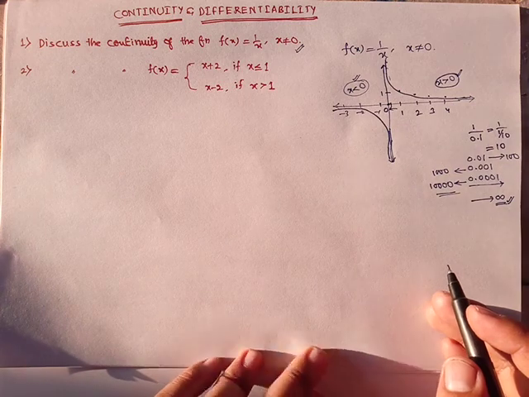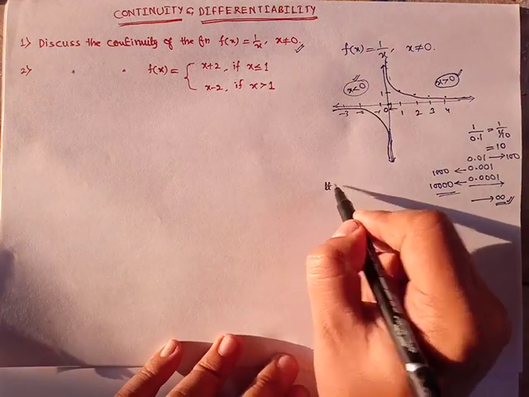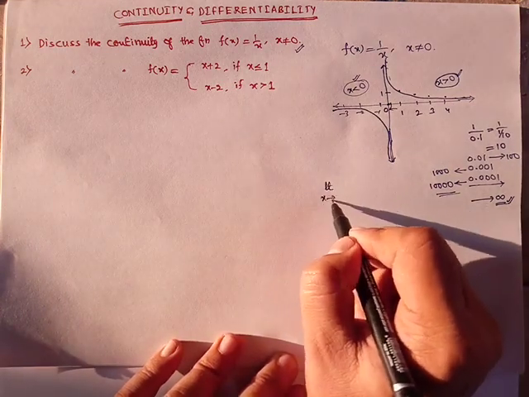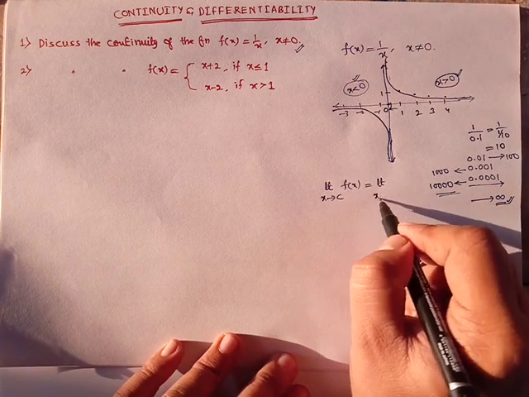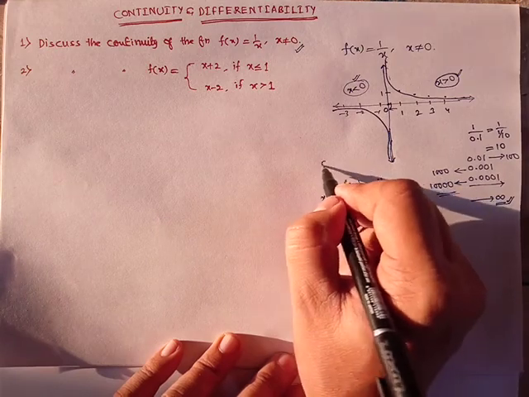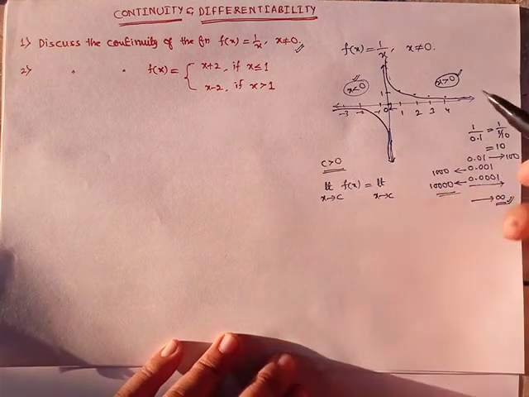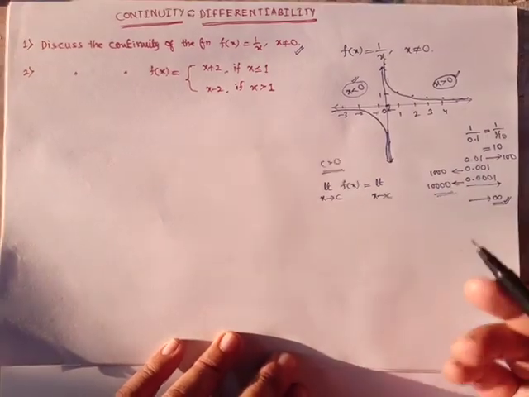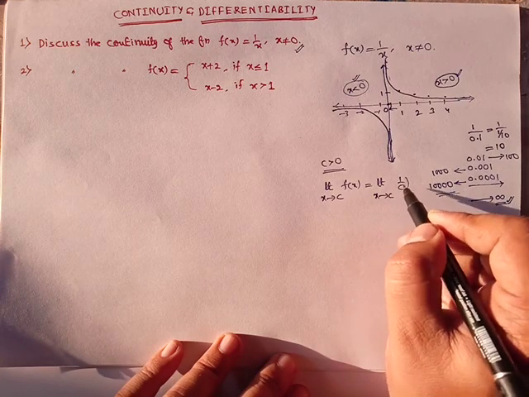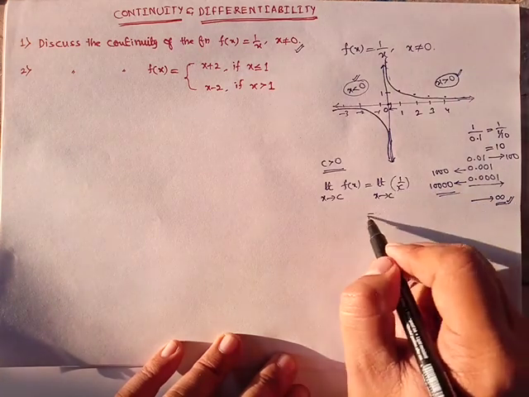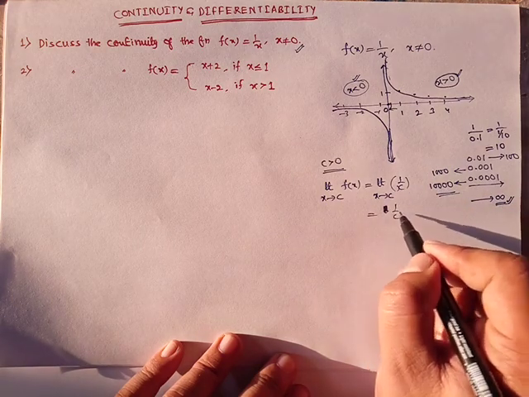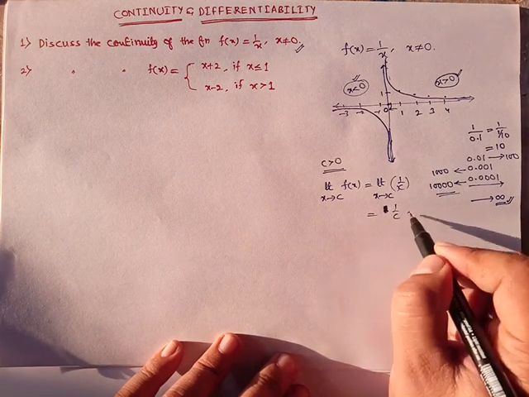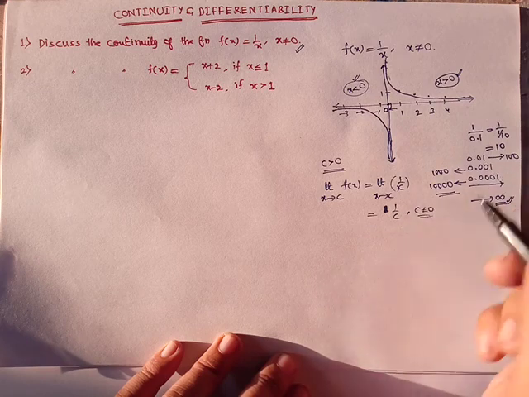Now let's take it with the definition: limit x tends to c, f of x is equal to f of c. Consider c greater than 0. Then f of x is nothing but 1 by x, and limit x tends to c of 1 by x can be taken as 1 by c, where c is not equal to 0, which is obvious.